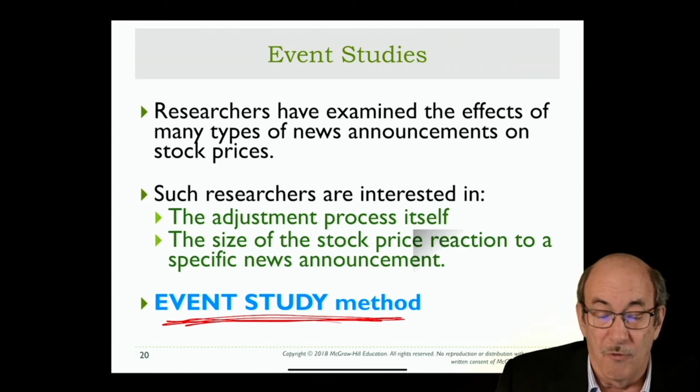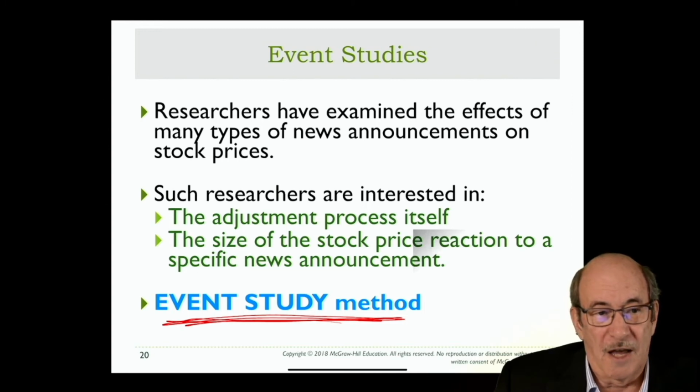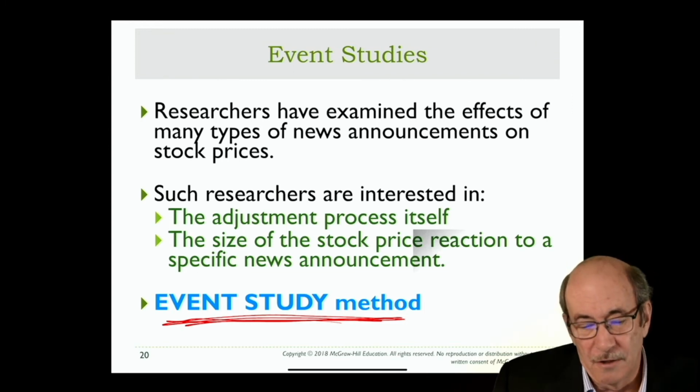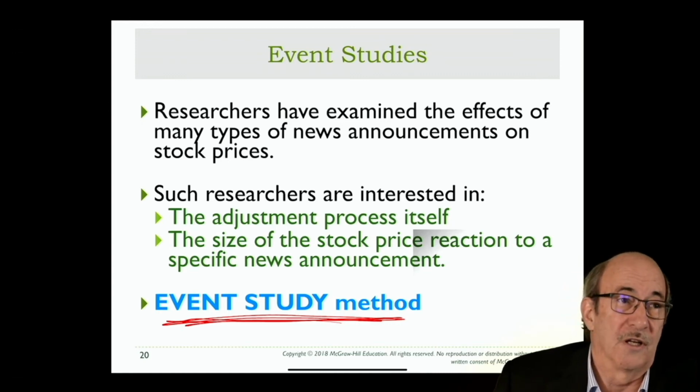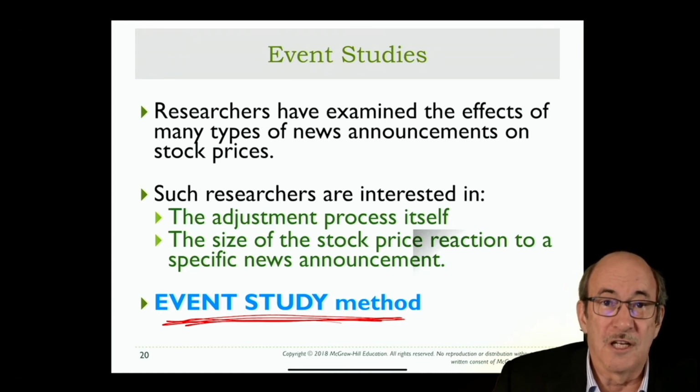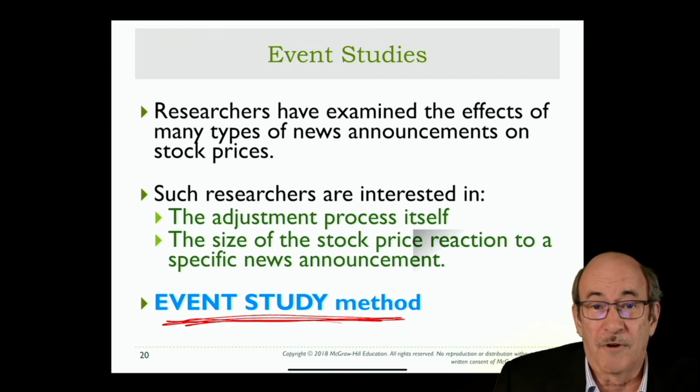Basically, what we do is we have to adjust the prices. We're looking at returns here, and we have to adjust the returns for the level of risk. So we use the capital asset pricing model for the most part to do that. There are several versions of that.